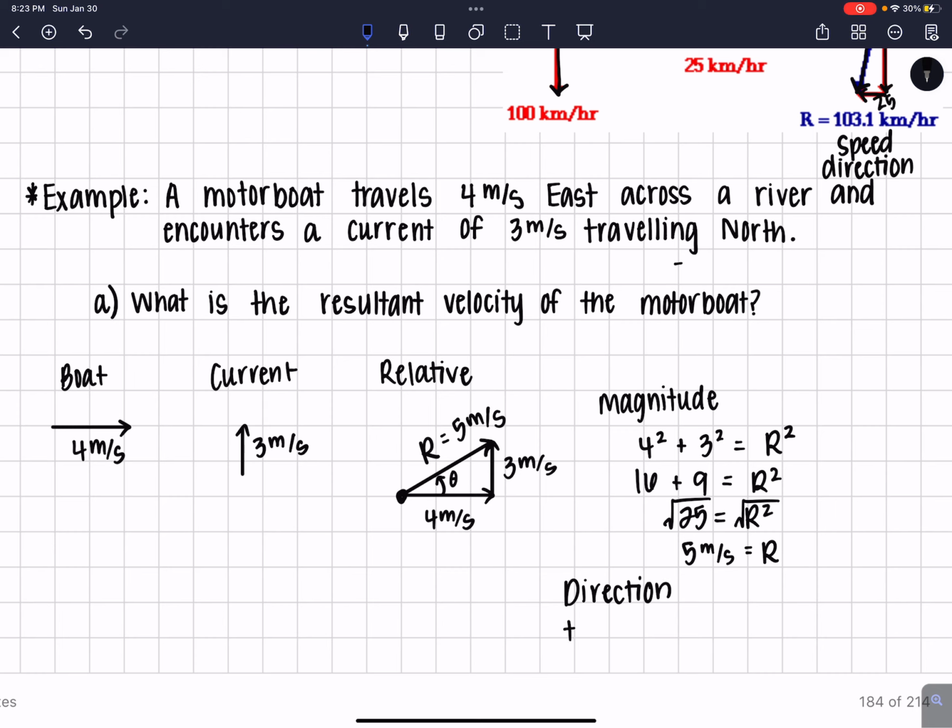So I know that tangent of my angle is equal to the opposite side over the adjacent side. And if I invert this function, now things aren't writing, let's try again, there we go. If I invert this tangent function, I'll be able to solve for theta.